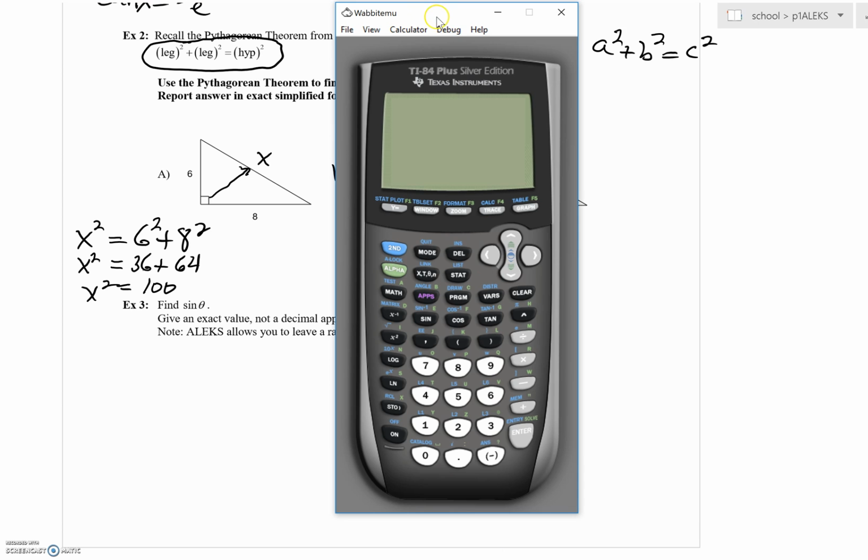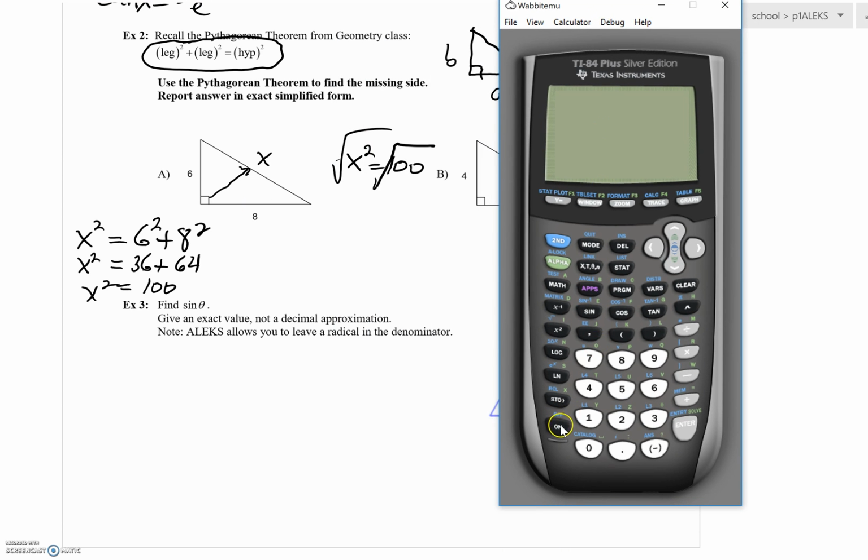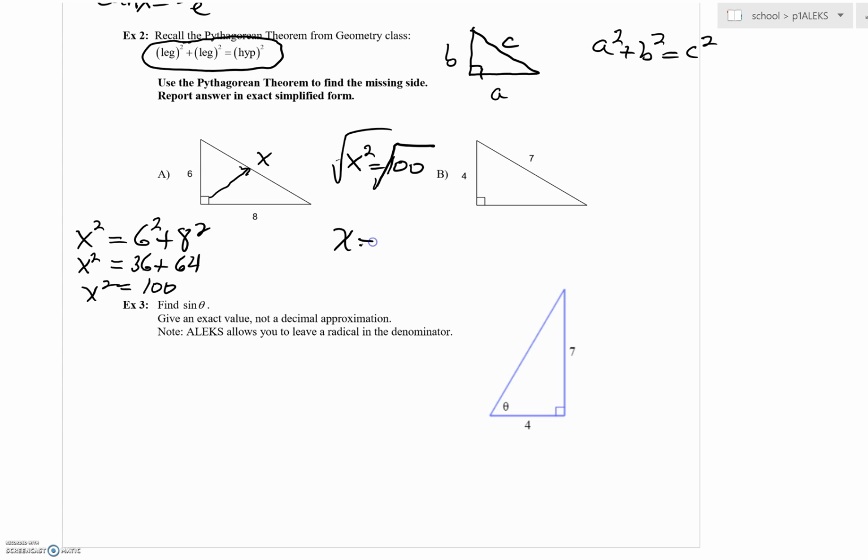Sometimes you're going to see plain and simple that you've got an integer. And that's going to happen most of the time for these problems. And you're going to get a 10. Now, if you ever get a decimal, then you're just going to leave your radical the way it is. We're not going to go to a decimal answer for any of these. So it stays in a radical?